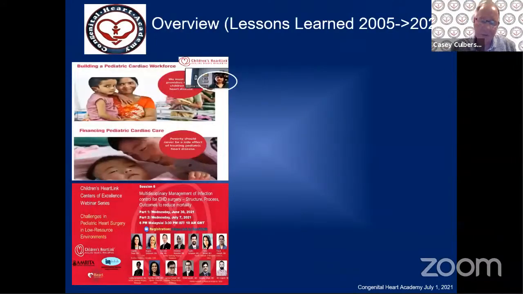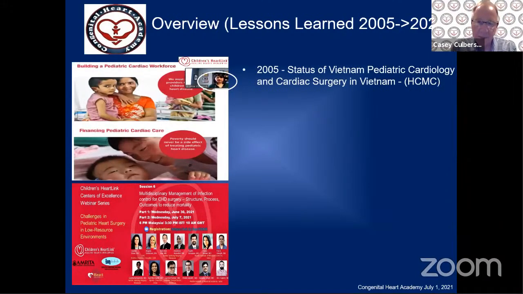An overview. So this is kind of a timeline from 2005 to 2021. I'm doing this a little bit like my friend Bistra from Children's Heart Link. They have a series going on at the same time that I thought was excellent and covering topics that are important. So 2005, we'll talk about the status of what I found in Vietnam when I first got to Ho Chi Minh City, also known as Saigon.